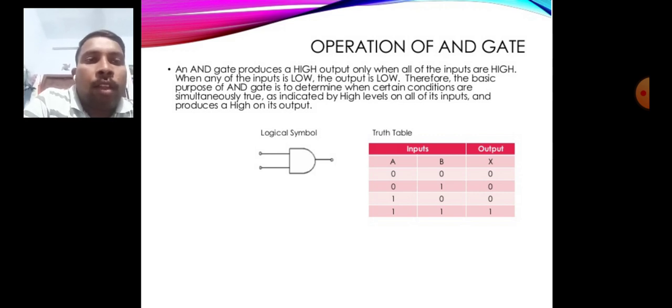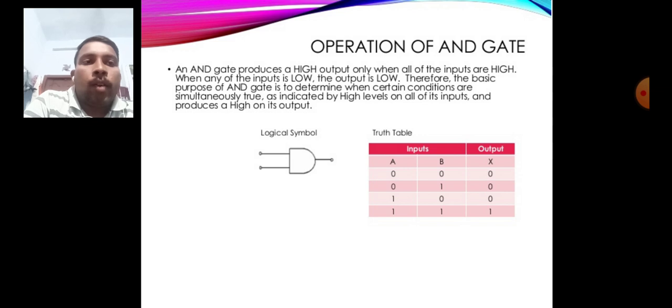And if the two inputs A and B are high, now the output is also high. That means the output of the AND gate is high only when all the inputs are high, otherwise the remaining outputs will be low.